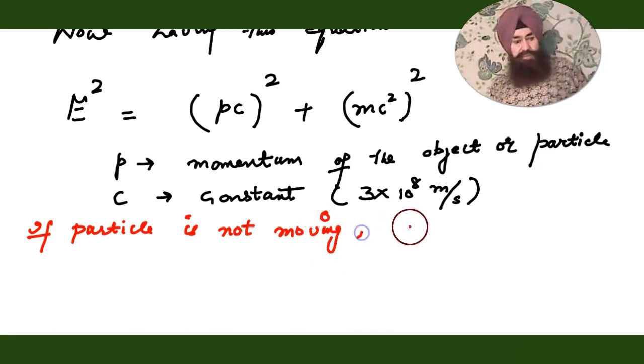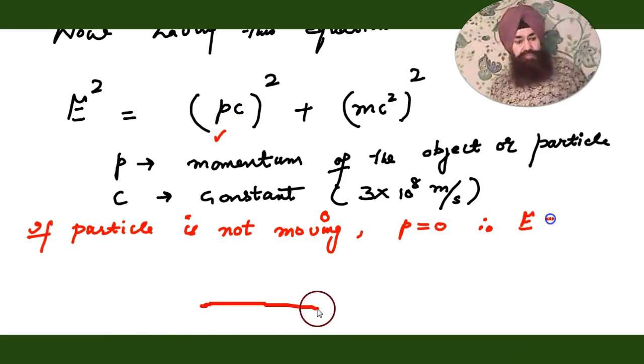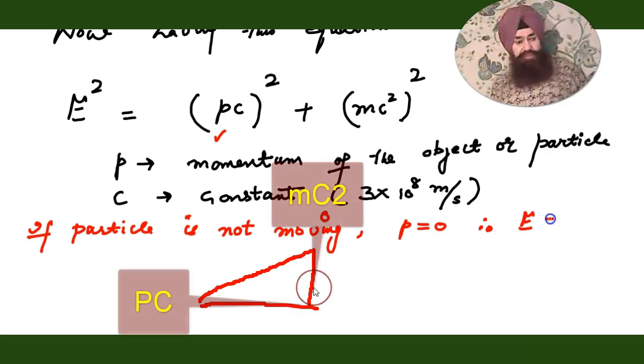So think of the other case, a particle is not moving. This was the triangle. Along this side it is the momentum. Along this side this is mc². This is the value of E. Now think of the other case.